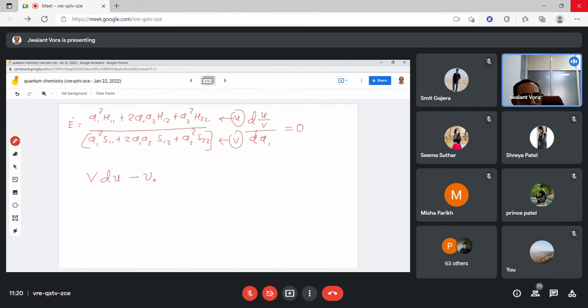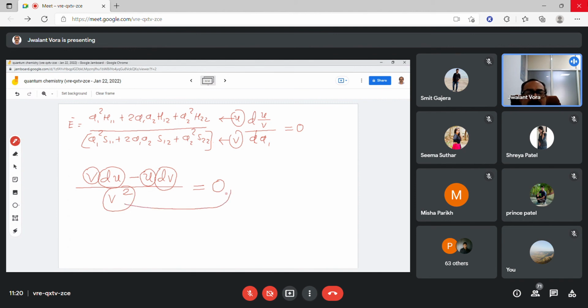So this will become equal to V એટલે આ પાર્ટ એઝ ઇટ ઇઝ, અંશનું વિકલન છે, minus U part will remain as it is, differentiation of the denominator divided by V square, that will become equal to 0.